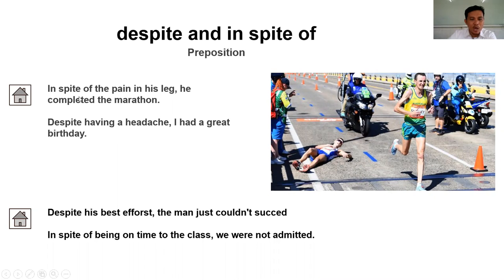"In spite of" is one phrase, not separated. Do not separate it. You cannot say "in spite the pain in his leg, he completed the marathon." No, it must be together. It consists of three words, "in spite of." "In spite of the pain in his leg, he completed the marathon."